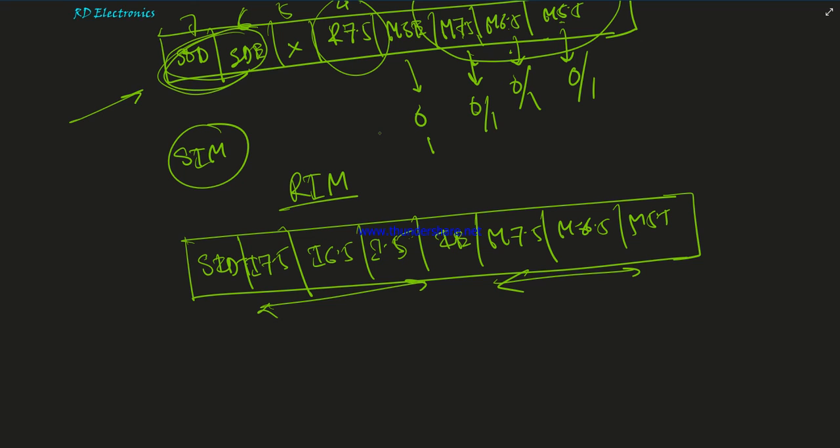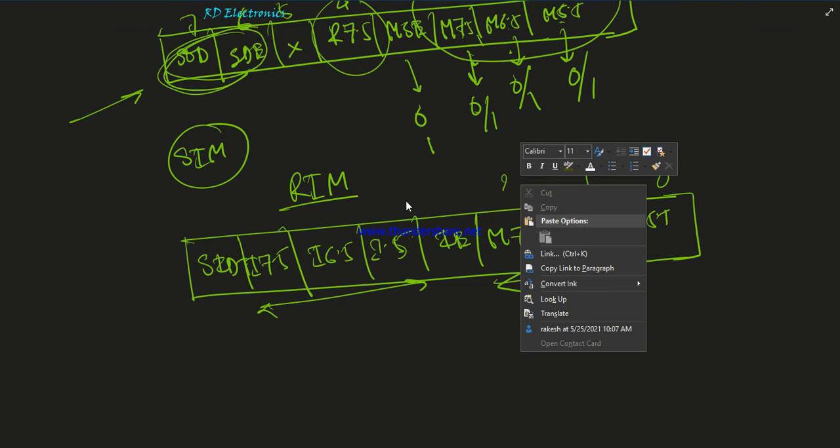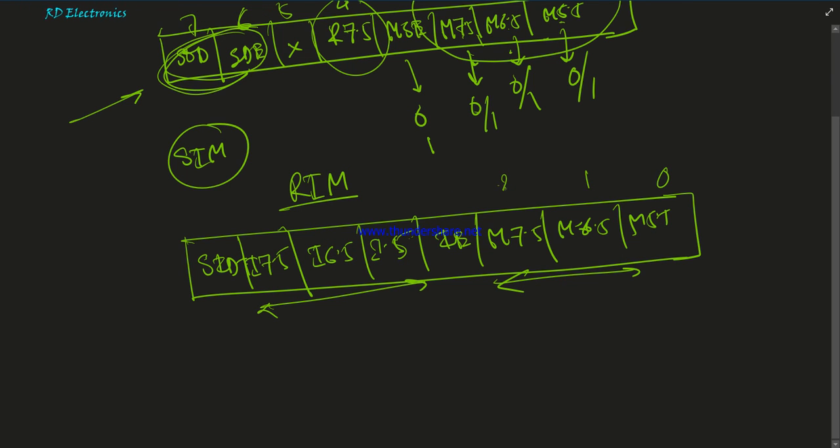Second, to identify the pending interrupts: bit D4, D5, D6, that is, bits 4, 5, 6, identify the pending interrupts, and to receive the serial data bit, D7 is used.